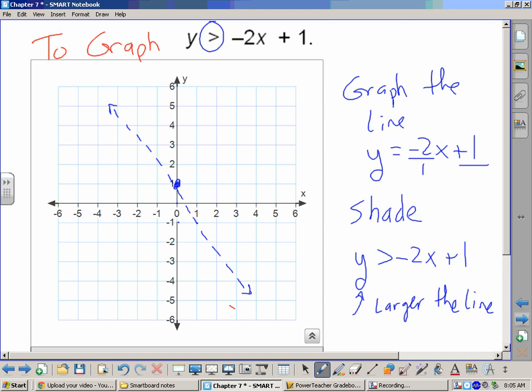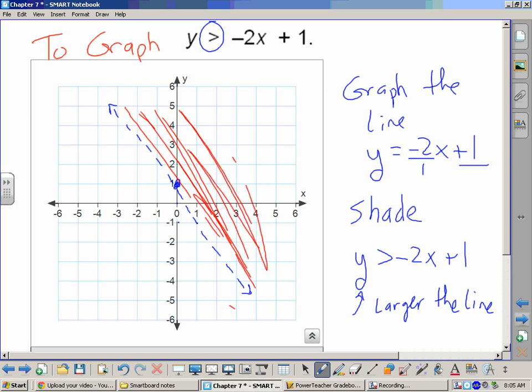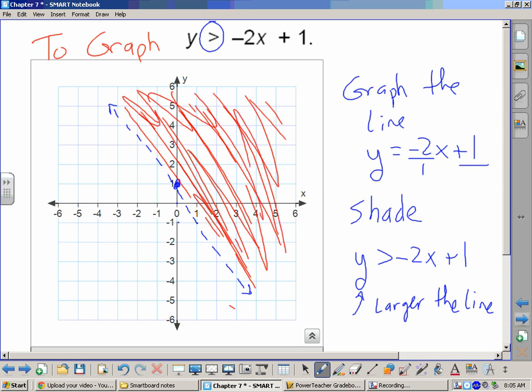So larger than the line would be above it. So all of these numbers above the line is where we would shade. That's what you're going to do in your assignment: determining what numbers satisfy the inequality. So there's what an inequality would look like for y greater than negative 2x plus 1.